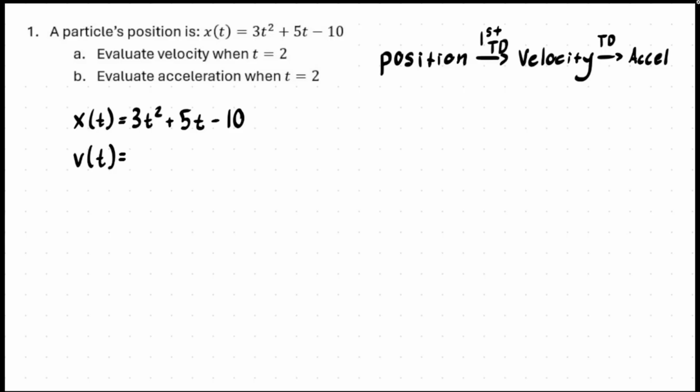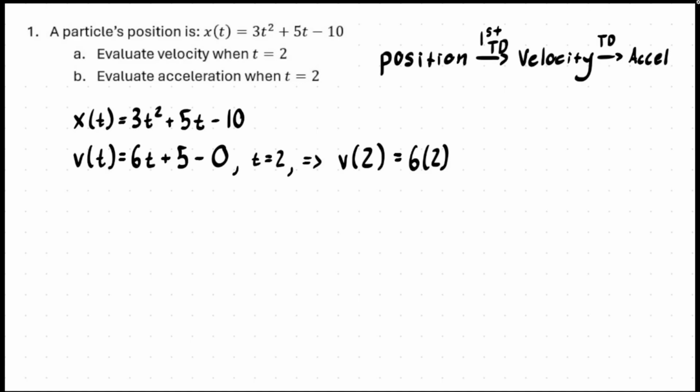So we're going to go first term. That's going to be 6t plus 5 minus 0. So that's our velocity function. We can solve part A immediately now. When we know that t equals 2, then velocity at 2 is equal to 6 times 2 plus 5.